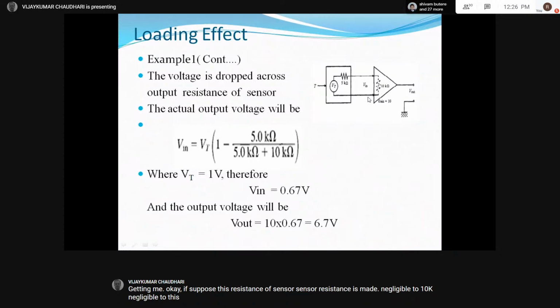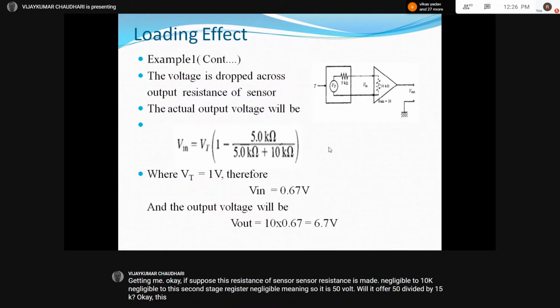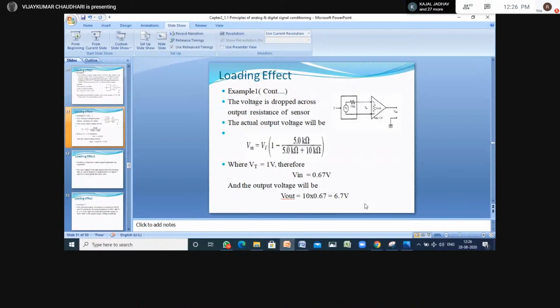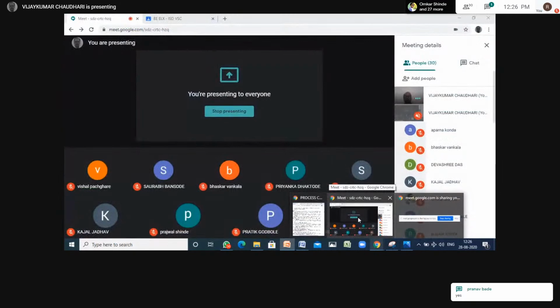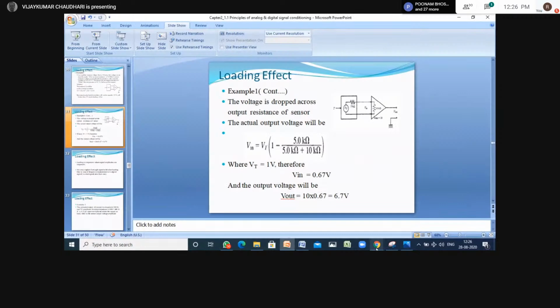May I know, is the loading concept clear? Can I have some answers? Loading effect. Is the concept clear about loading effect? Please unmute and answer. No, I didn't get any answer. Am I audible? Yes, sir.